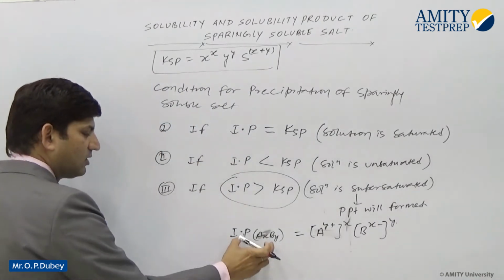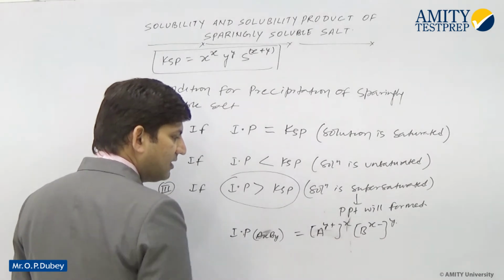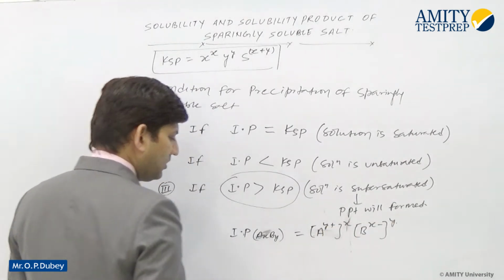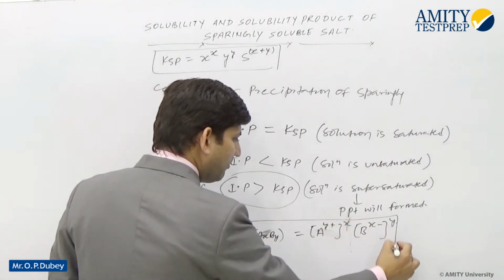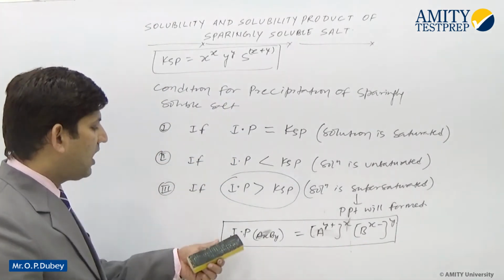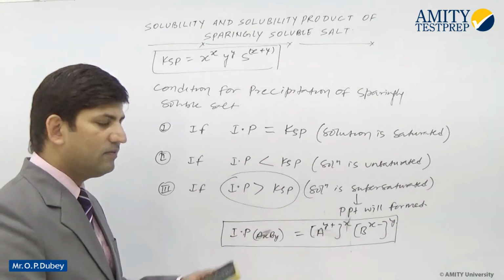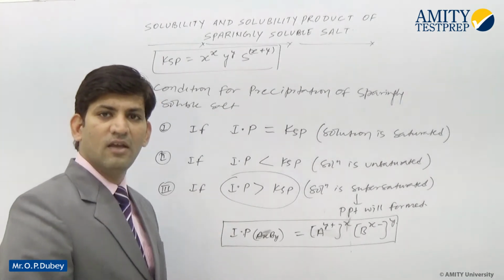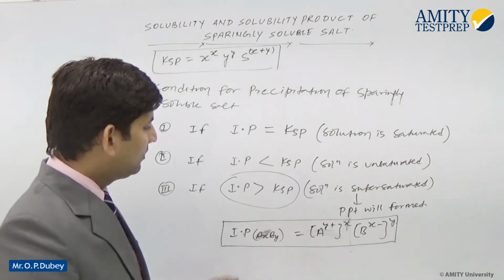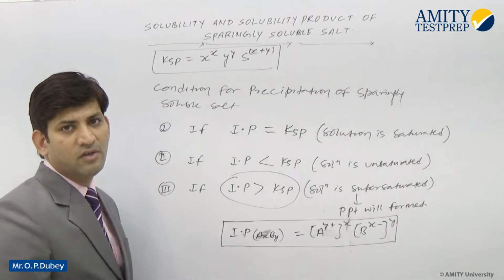That is, the ionic product of a sparingly soluble salt is the concentration of the ions raised to the power of their stoichiometric coefficients in the balanced chemical equation. From this equation we can calculate the ionic product, and if the Ksp of the sparingly soluble salt is given, we can determine whether the salt will precipitate or not.